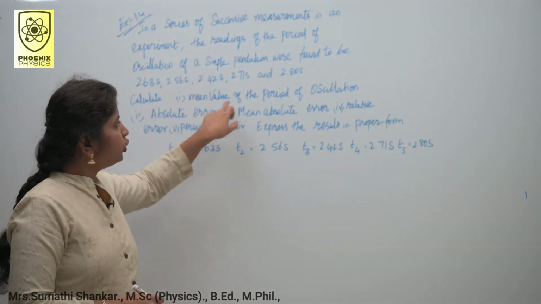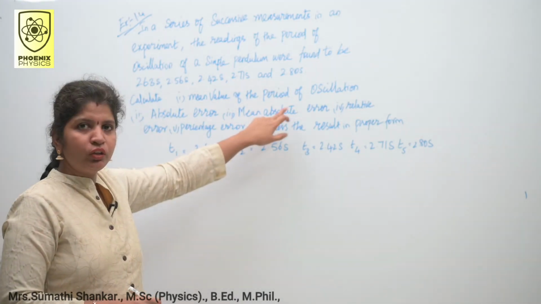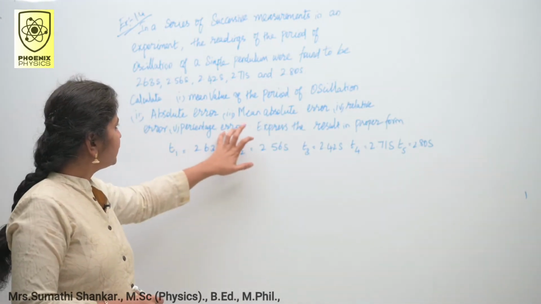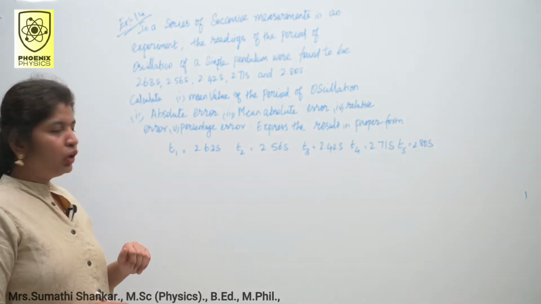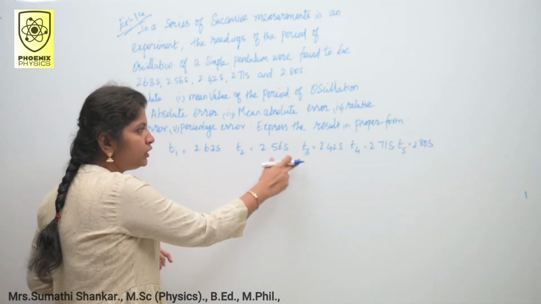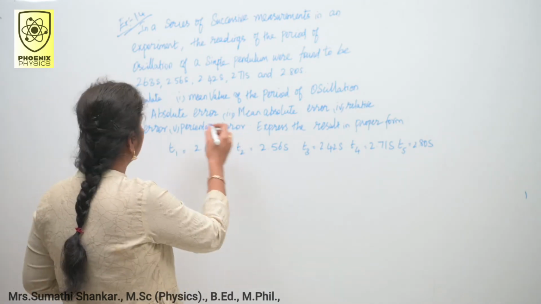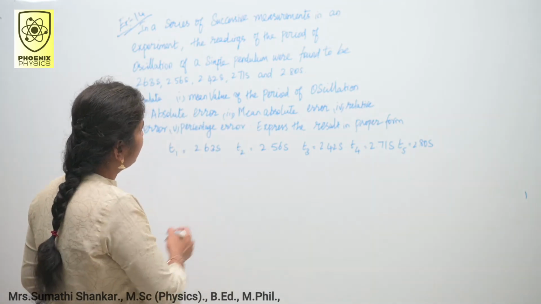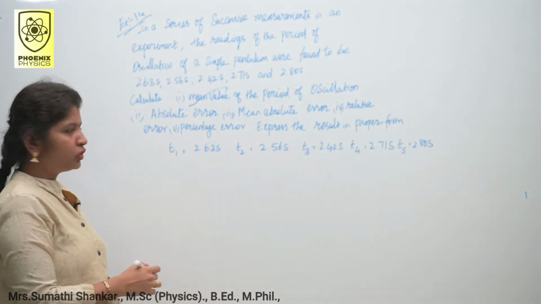Calculate the mean value of the period of oscillation, absolute error, mean absolute error, relative error, percentage error. Express the result in proper form. Okay, what is given? T1, T2, T3, T4 up to T5 values are given. Now first we are going to find out the mean value of the period of oscillation.